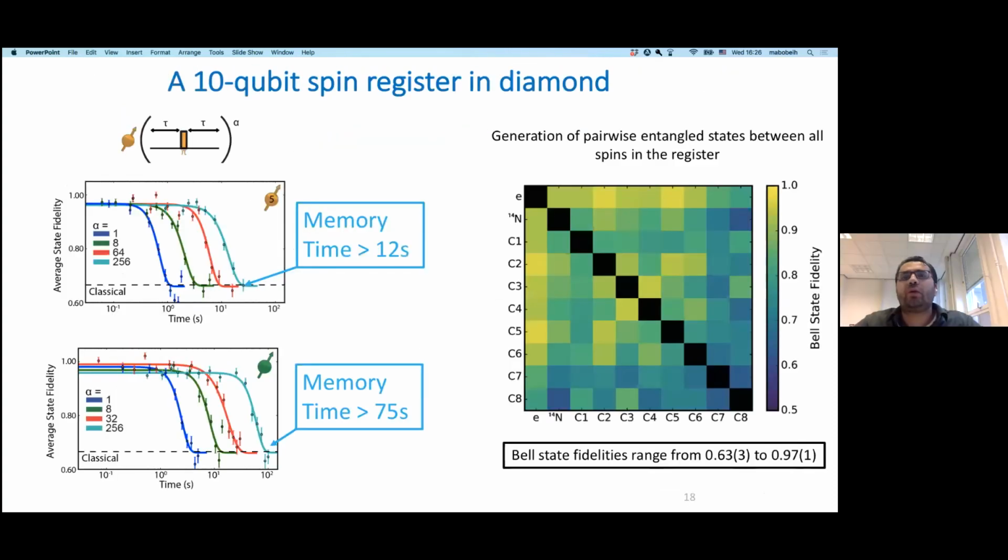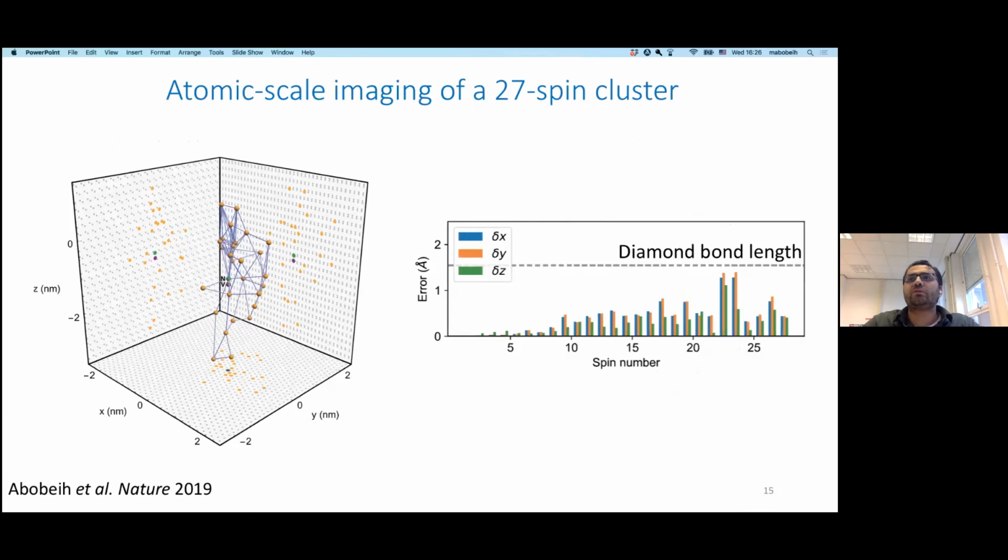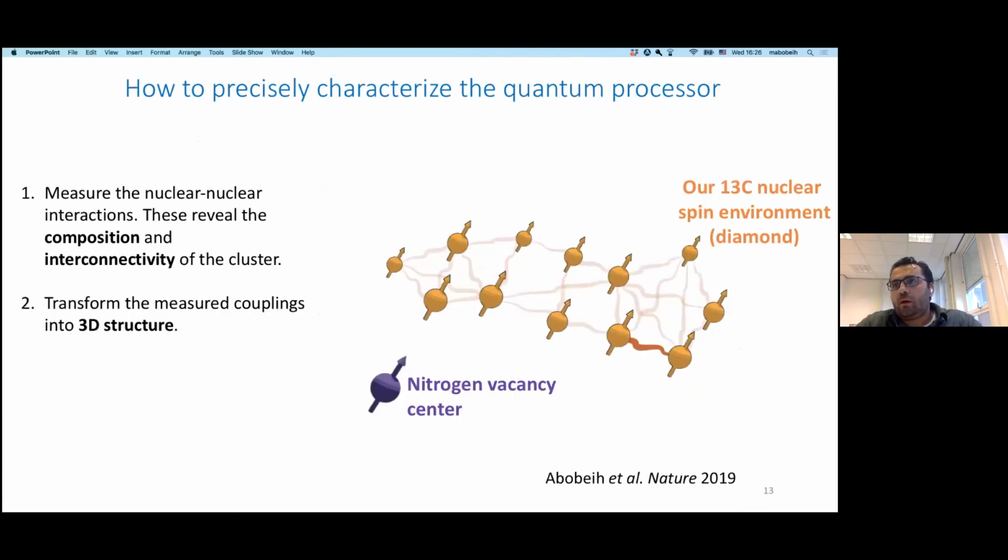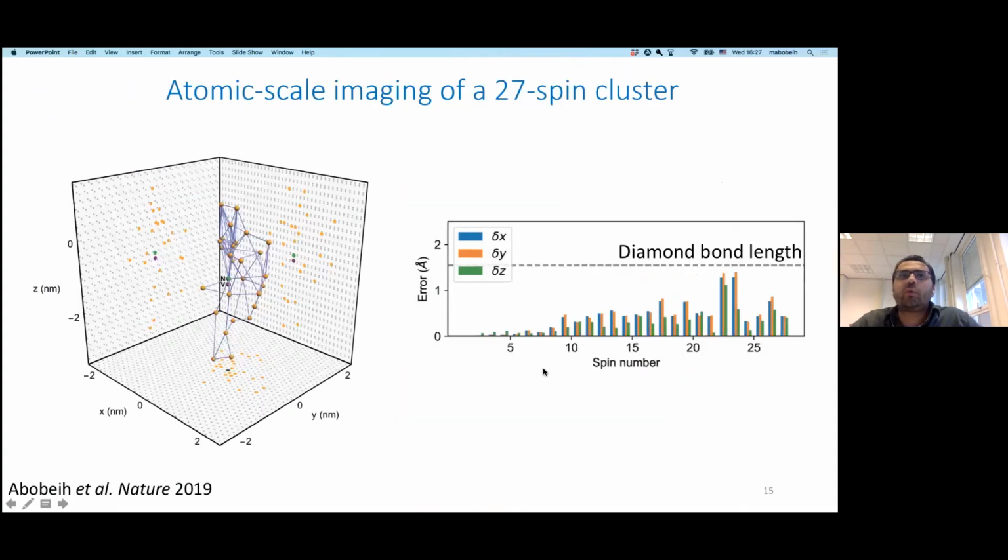Okay. So here, what we do is we measure how each of these nuclear spins couple to each other, right? This gives you the structure of the nuclear spins. Let's say you can take this spin as your origin, so it gets you the structure with respect to that spin. But what we also did, of course I didn't explain that part, in this work, we also have the nitrogen vacancy here.